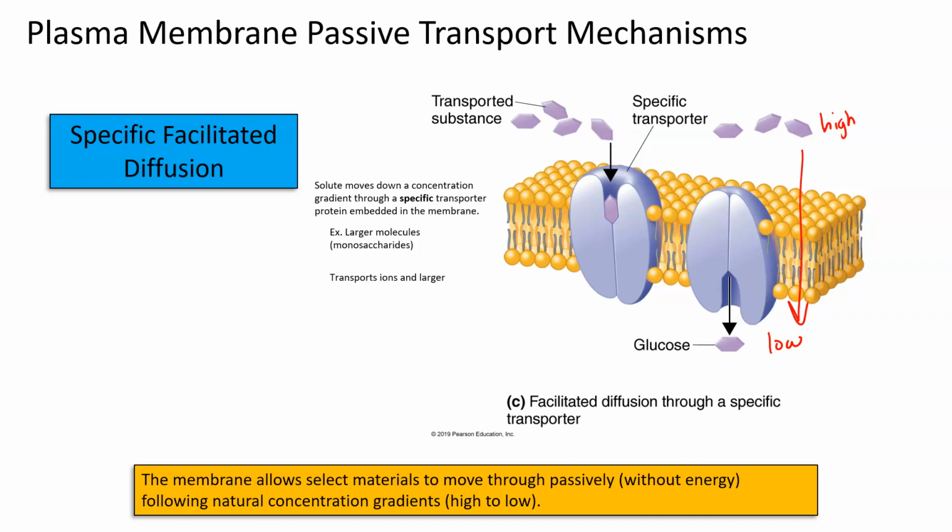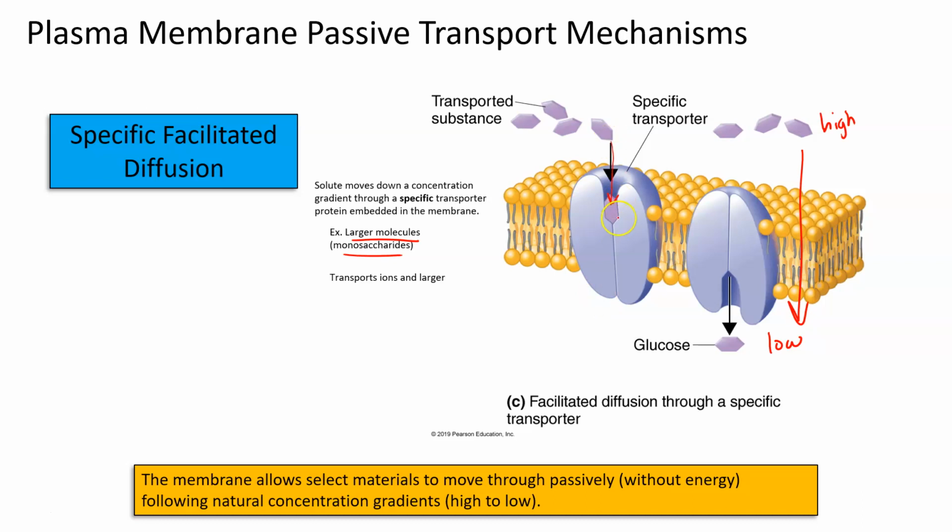But in this case, we are looking at transporting larger molecules like glucose. It is a monosaccharide. And because it is a very large molecule, it can't simply squeeze through any kind of non-specific transport channel protein. It has a very specific shaped large protein that is designed to transport large molecules like glucose.